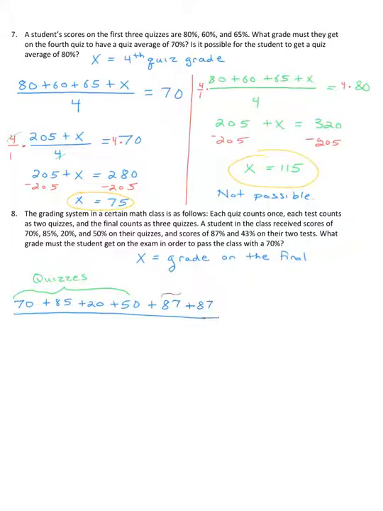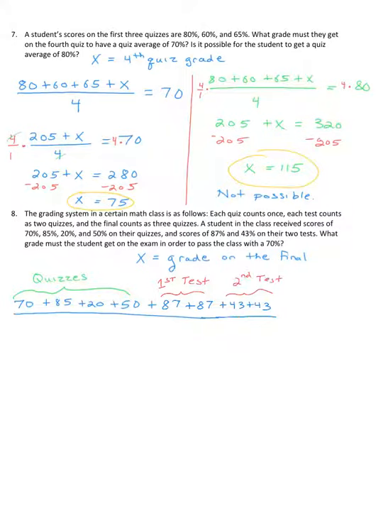So this would be the first test. I'm writing it twice because we're told that the tests count twice as much as quizzes. But we have to do the same thing for that second exam where they got a 43, so I have to add that 43 in 2 times, again, for the second test.